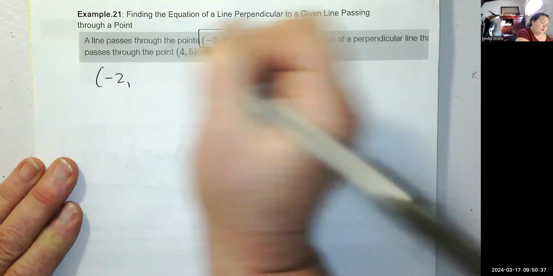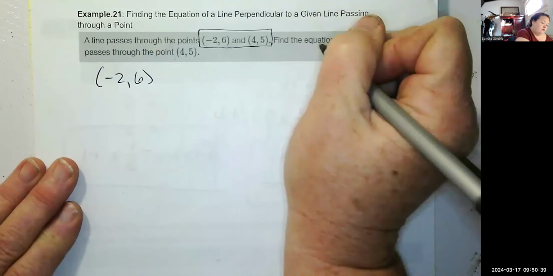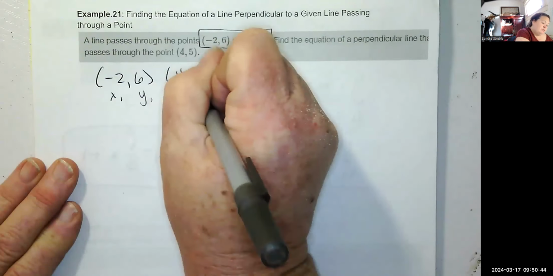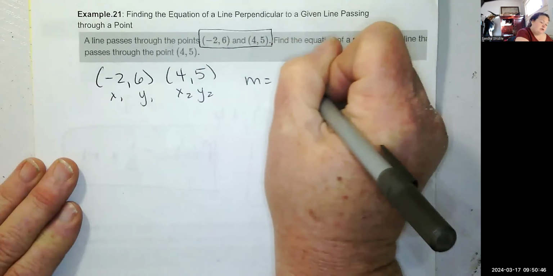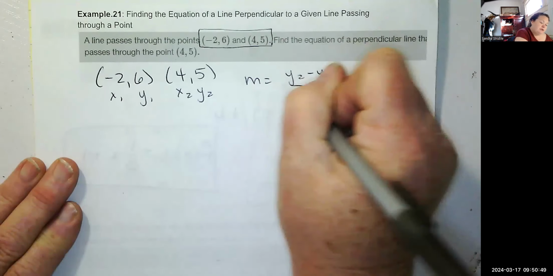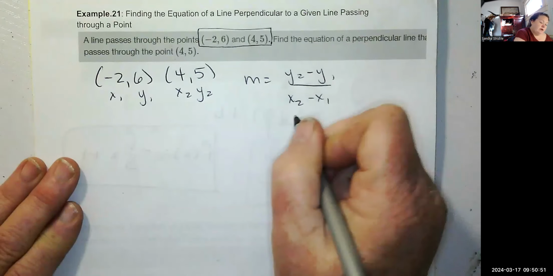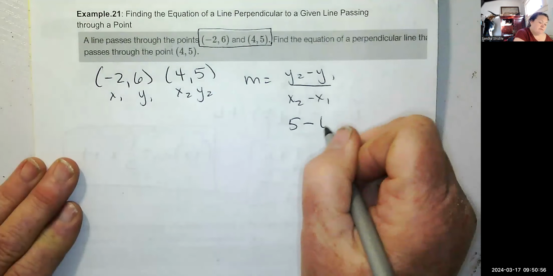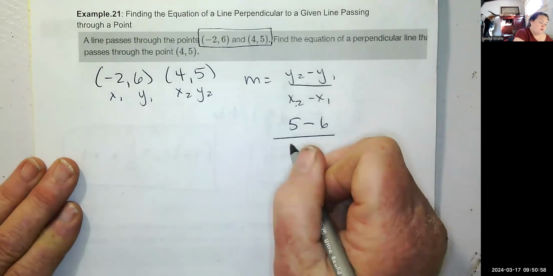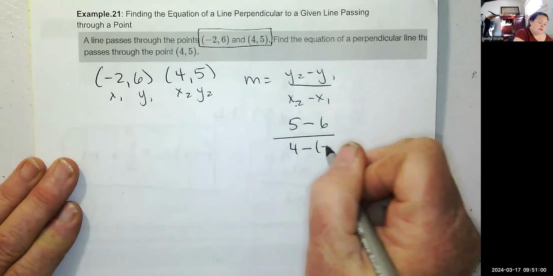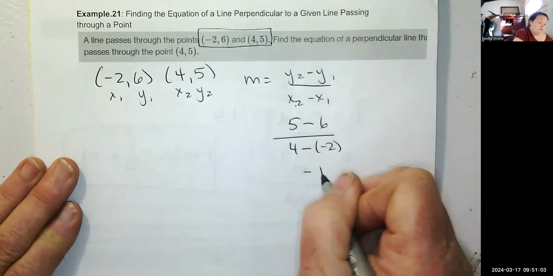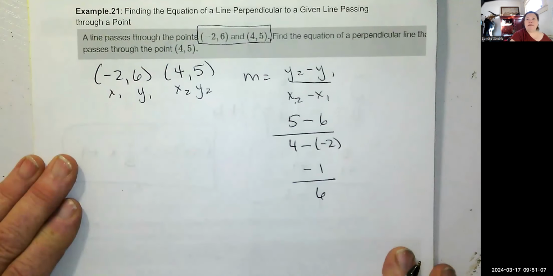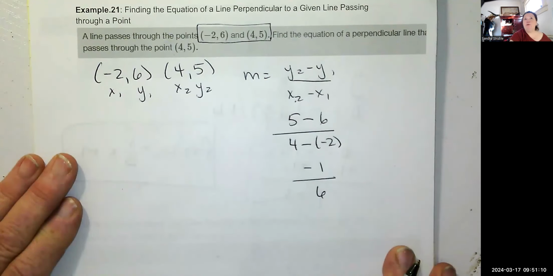So -2, 6, and 4, 5. x1, y1, x2, y2. I'm going to use m equals y2 minus y1 over x2 minus x1. y2 is 5 minus y1 is 6, divided by x2 is 4 minus x1 is -2. And that is -1 divided by 4 plus 2, which is 6. So -1/6 is my slope from the original line.